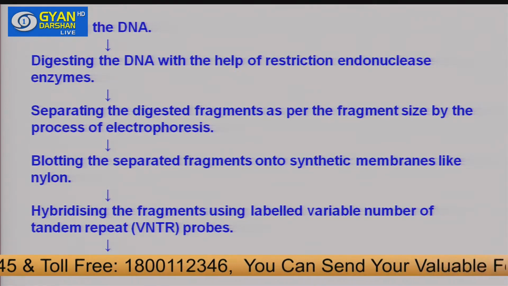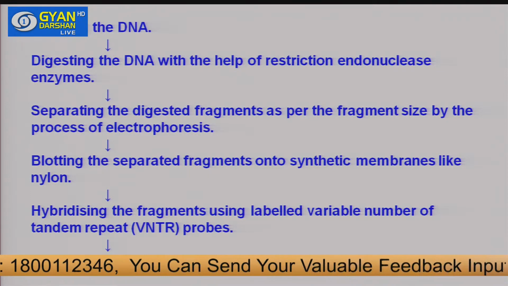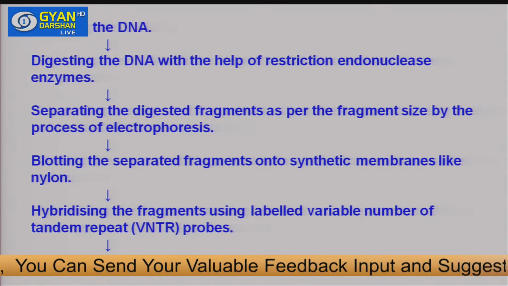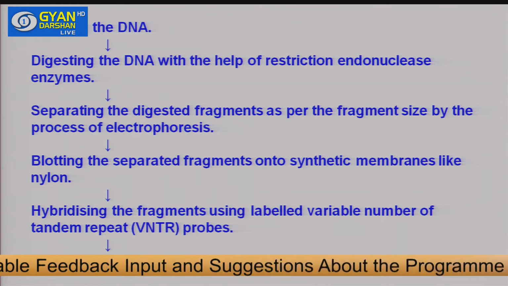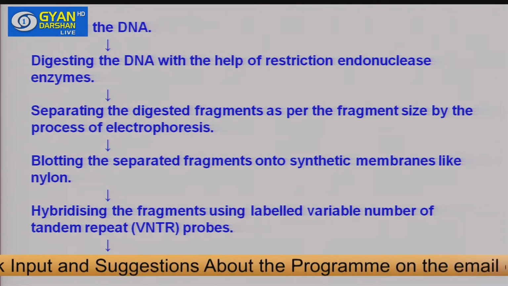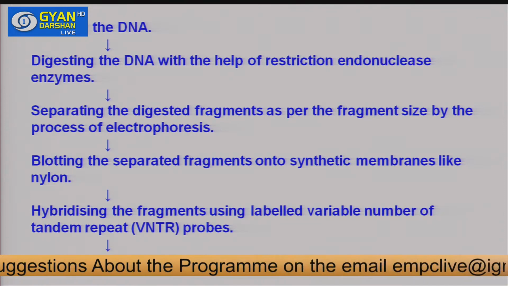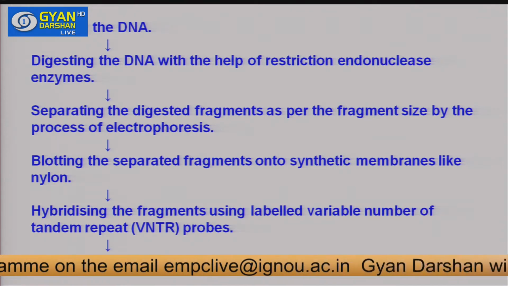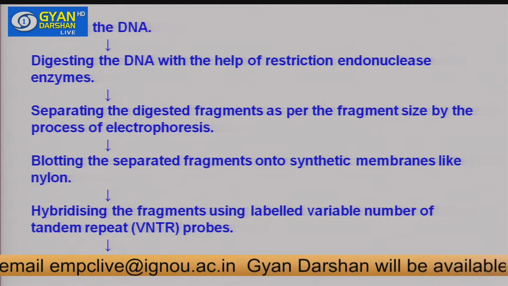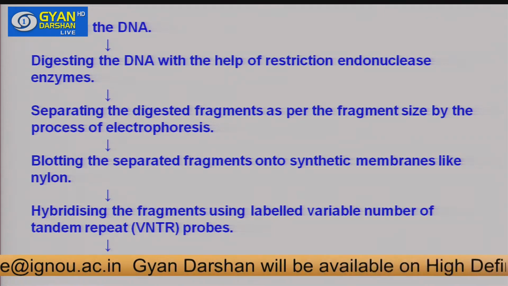The initial steps are similar to Southern blotting. You isolate the DNA, digest the DNA with a restriction enzyme, then separate it through electrophoresis, and blot the separated fragments onto a membrane like a nylon membrane. Now you hybridize the fragments using specific probes.